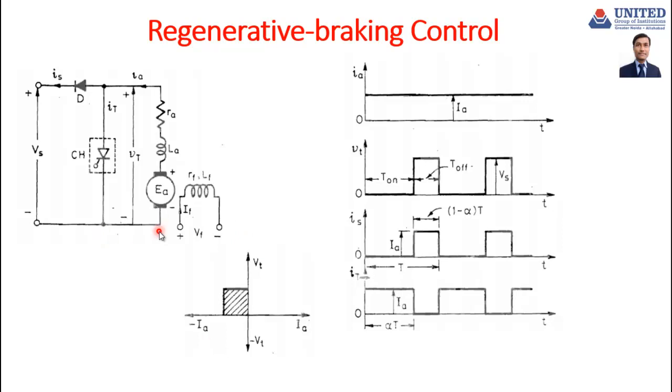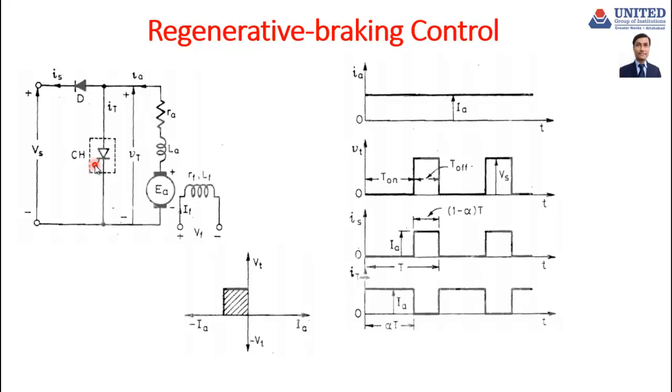Here we see the configuration of the regenerative braking control operation. Here CH is the chopper. When the chopper is on, then current through the armature during the turn on time flows through the motor.